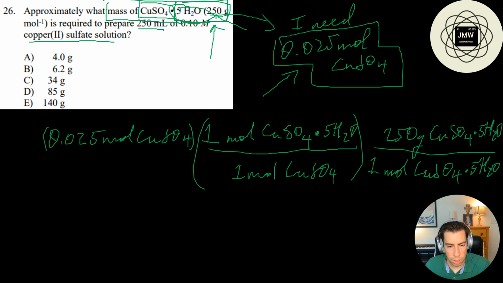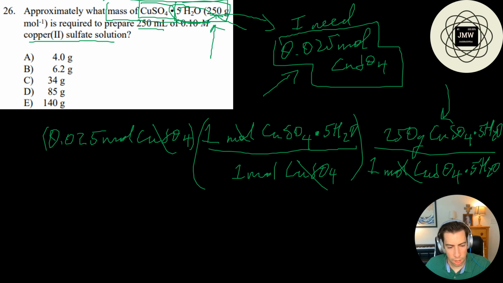All right, so whenever I run everything through, look at how everything cancels, right? My moles are going to cancel, and I'm going to be left with the units that I want, which is mass of the hydrated compound. So now I'm going to multiply everything through here. It's going to be 0.025 moles. Well, not even moles, right? It's actually lost its unit, so now it's just a unitless multiplicative factor.